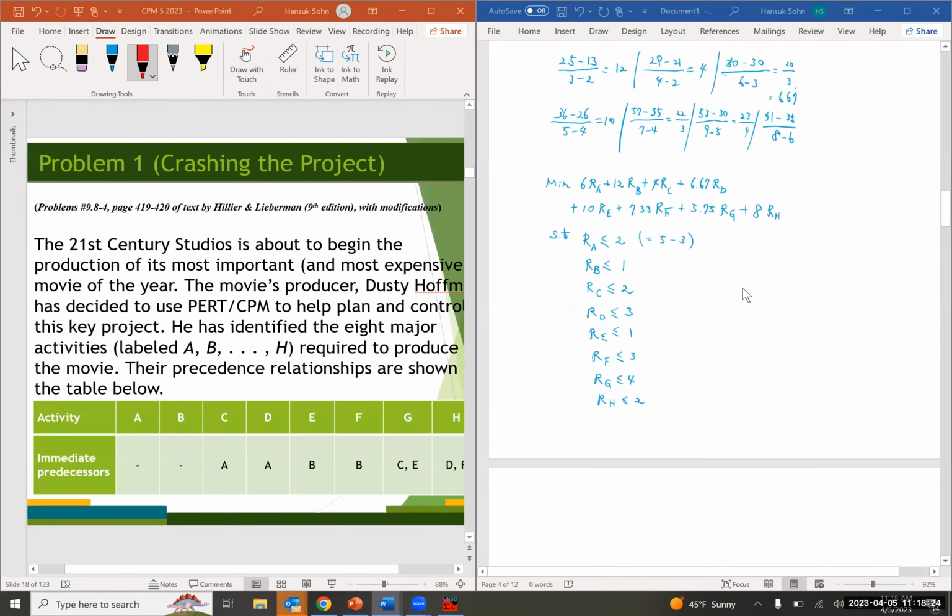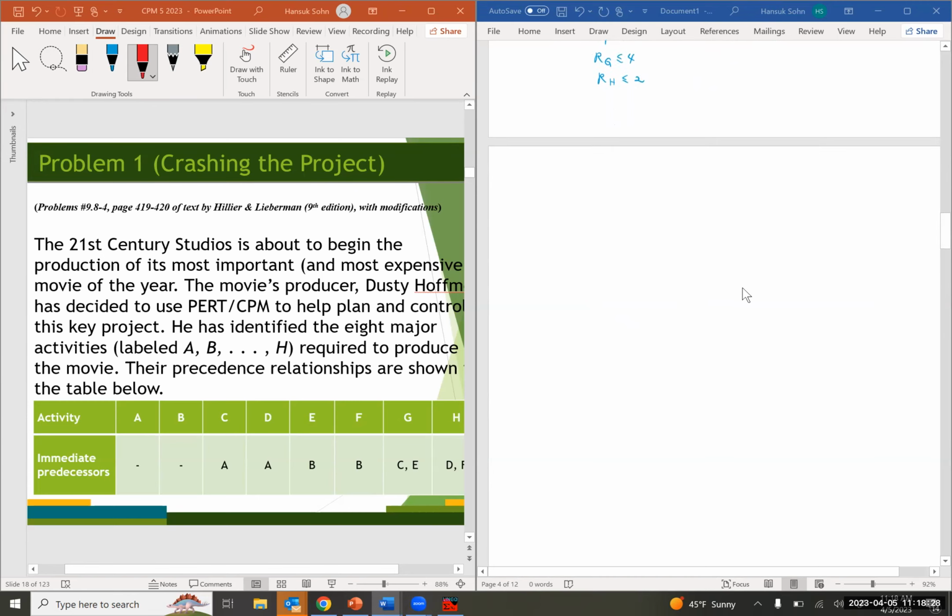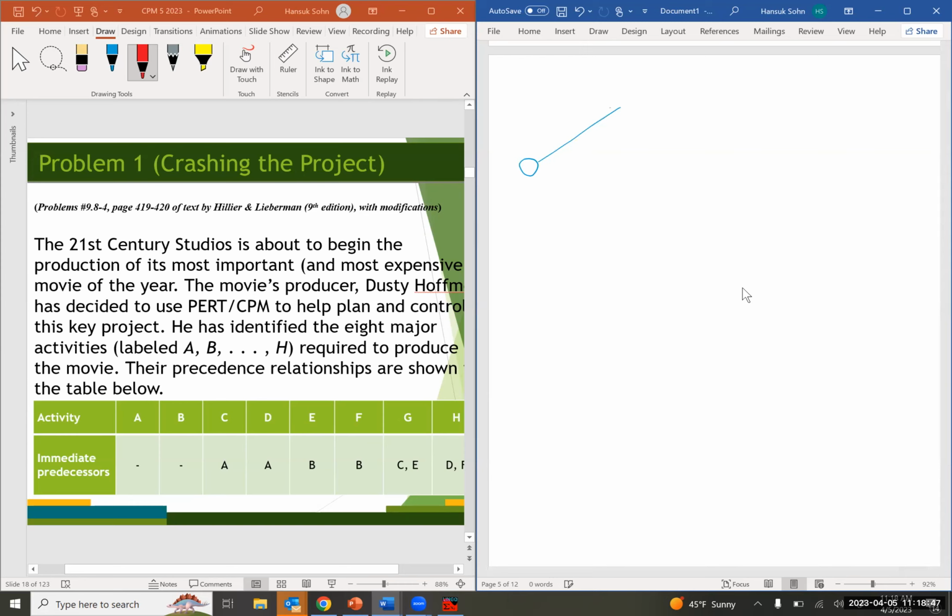Okay, so I've inserted another page. So let's draw the AOA network diagram. So both activities, A and B, don't have any predecessor.